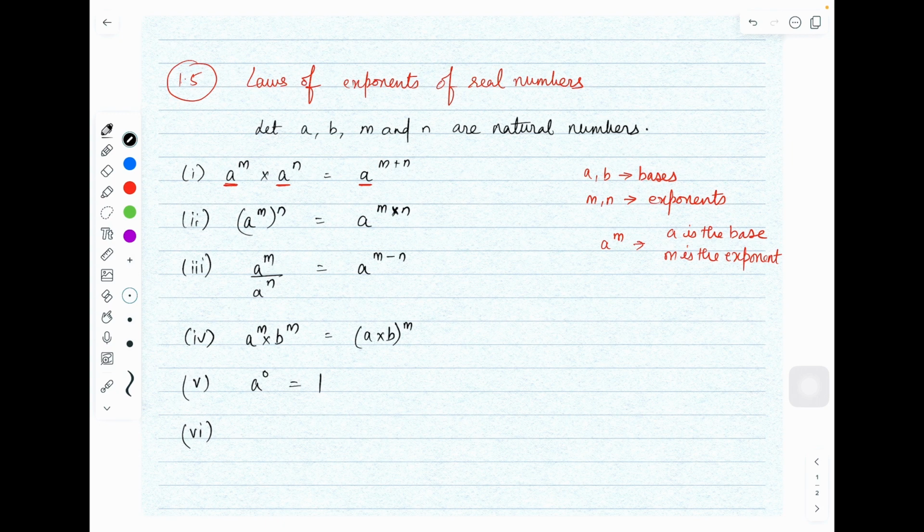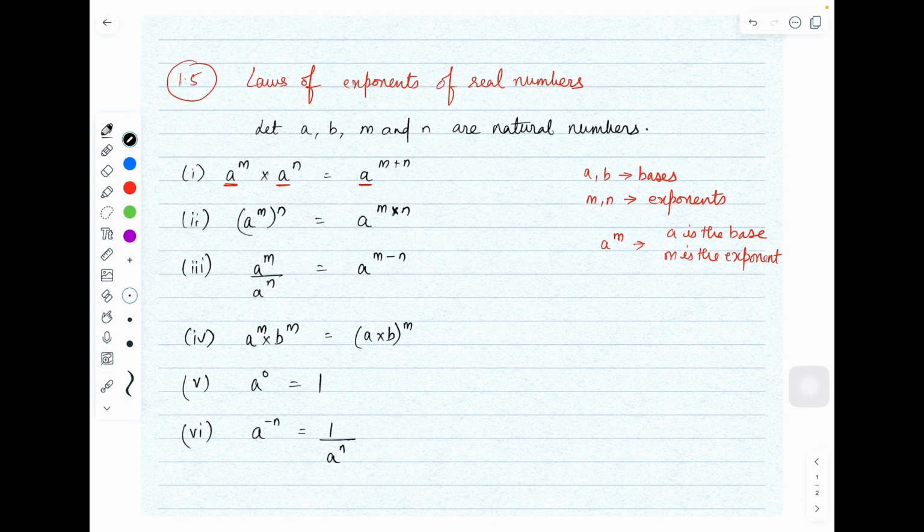And the last point is, if a base has an exponent that is negative, you can write it as 1 by the base to the power exponent. a to the power minus n can be written as 1 by a to the power n.